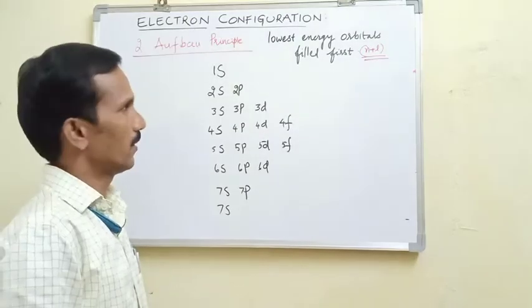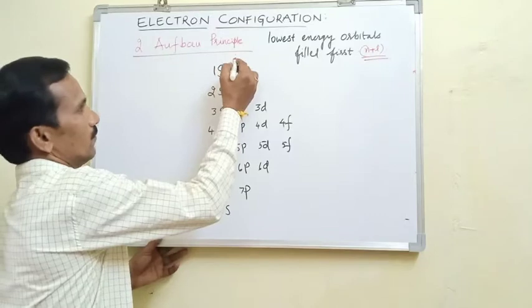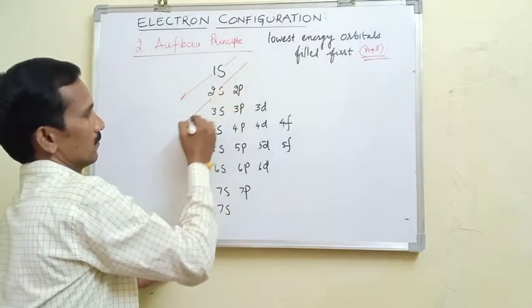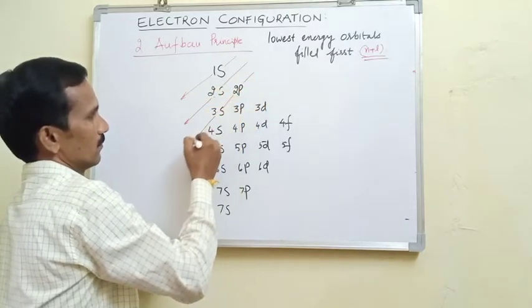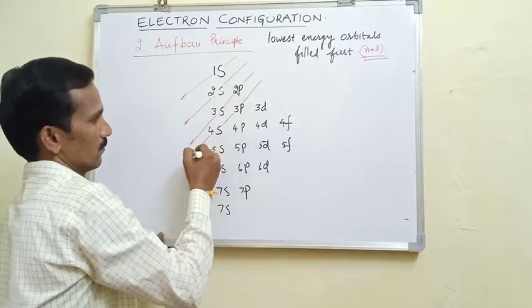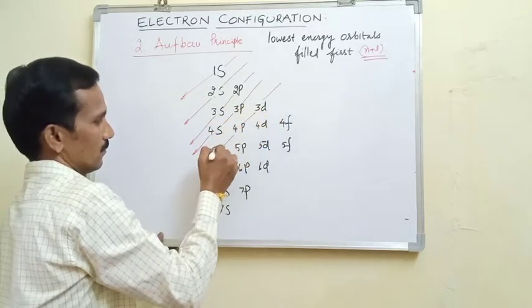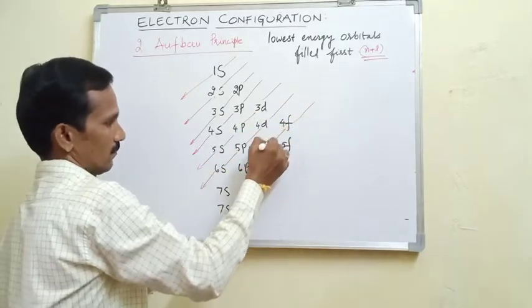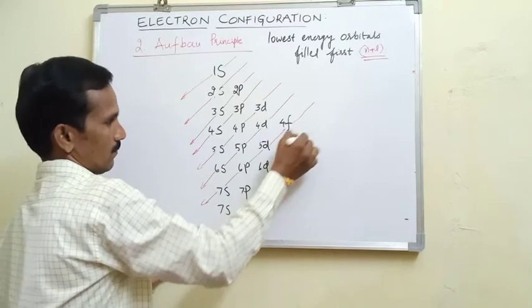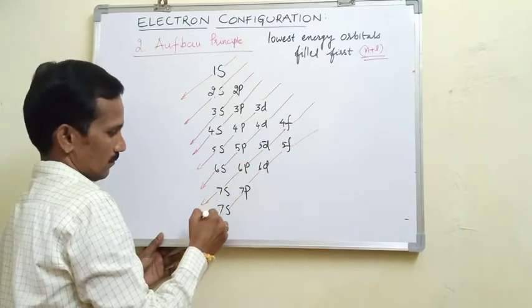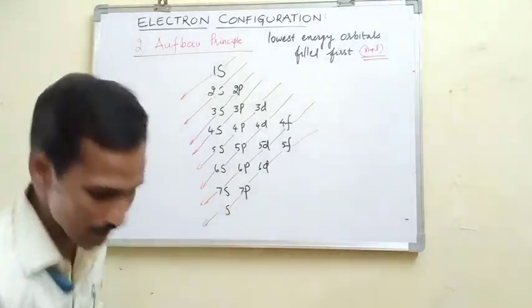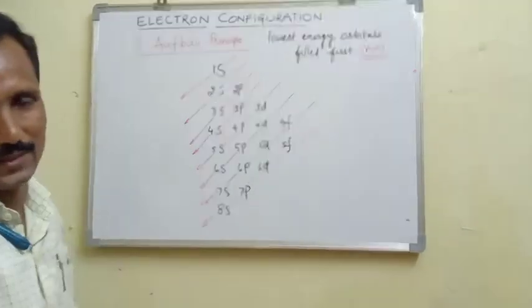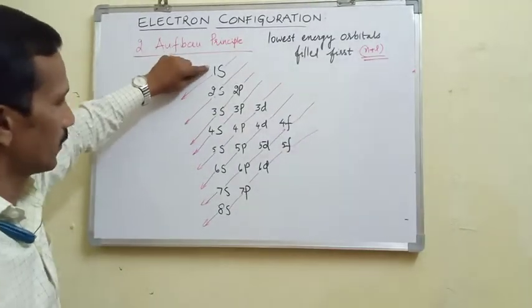So we trace it like this. Here 8s. The arrow marks indicate the writing order.